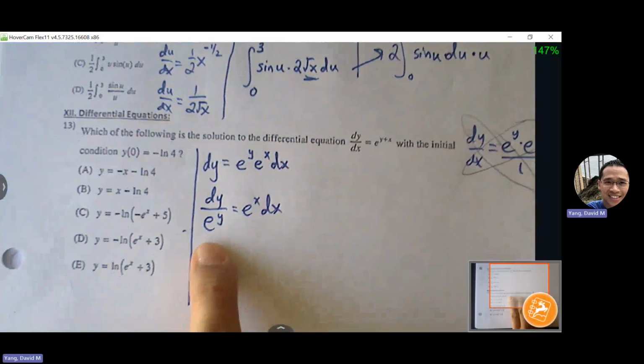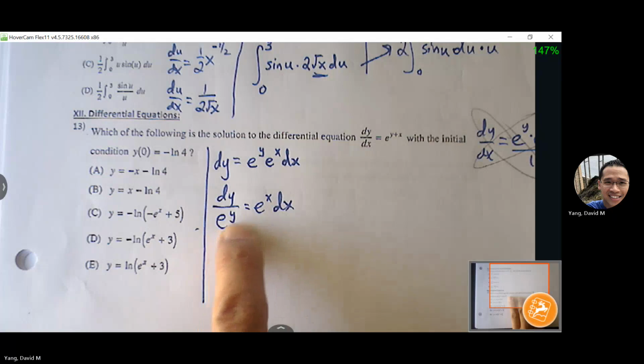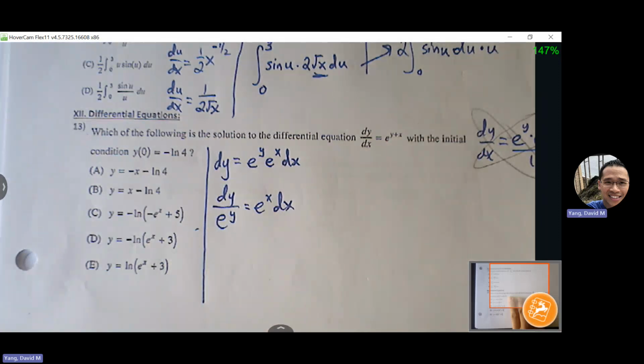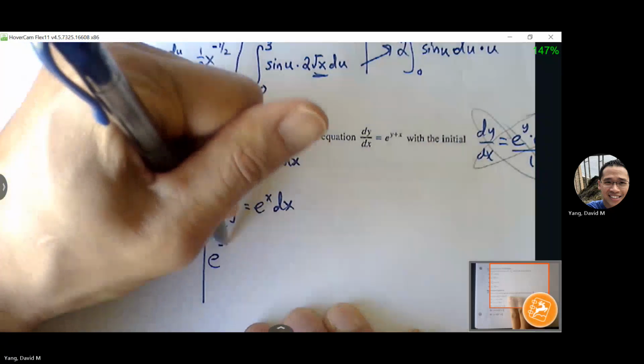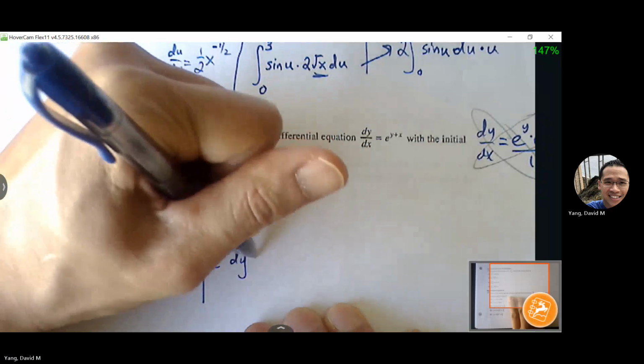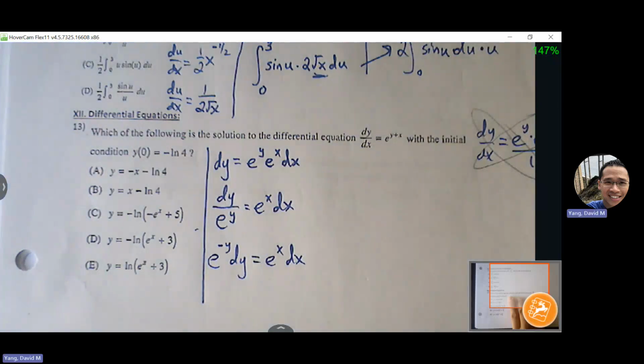Now this is e to the u. We don't do natural log for this, right? So where can I put this so I can use the appropriate integral rule? Where does this have to be? Numerator, right? So if I want to push this back up, it becomes e to the what? Negative y, yeah. Okay, so now we're ready to do our antiderivative.